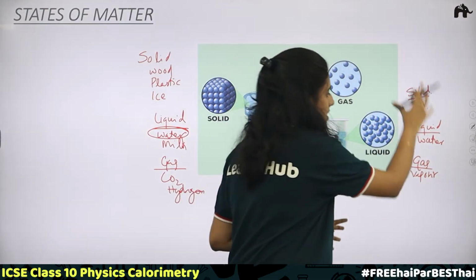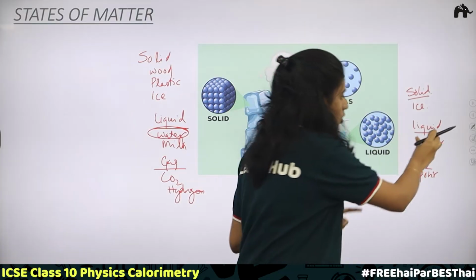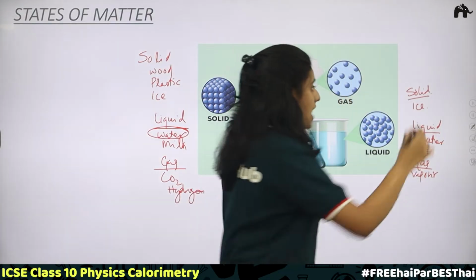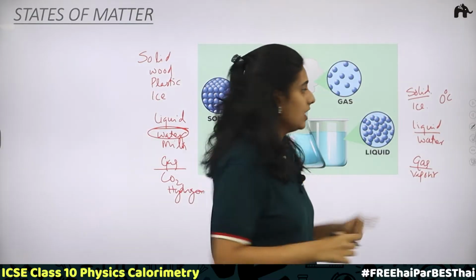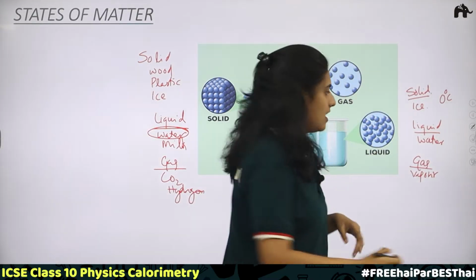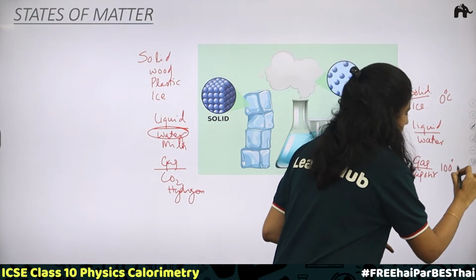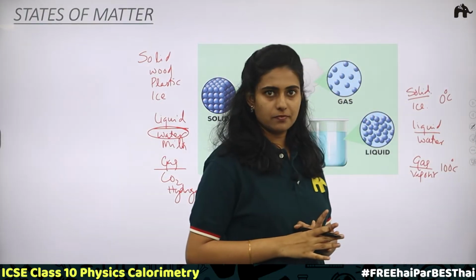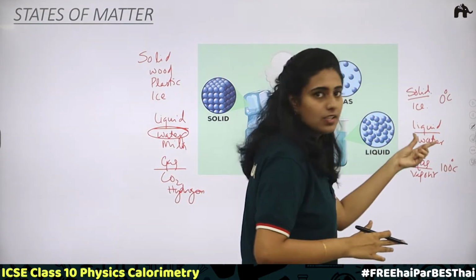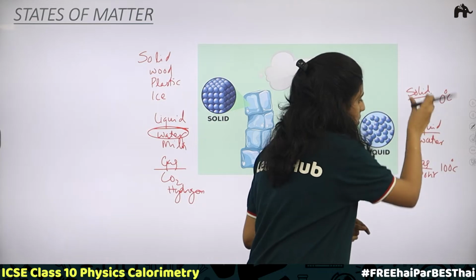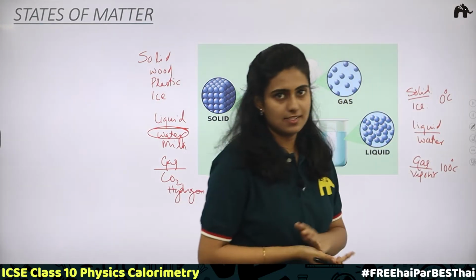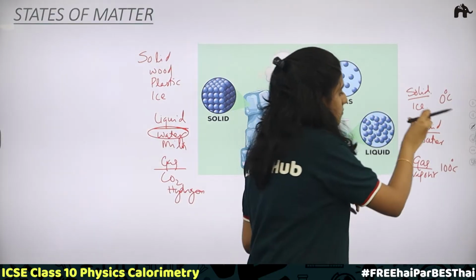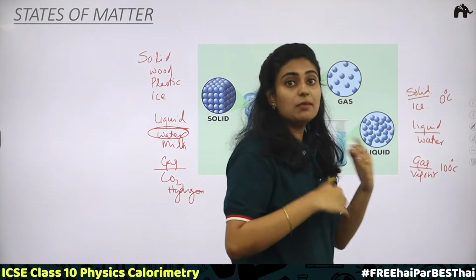In all these 3 states they are existing. When you freeze water at 0 degrees Celsius, you get ice. When you boil the same water at 100 degrees Celsius, you get vapor. So we can say that from one state to another state, you can make a change.